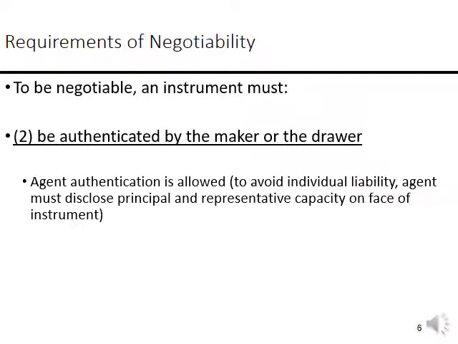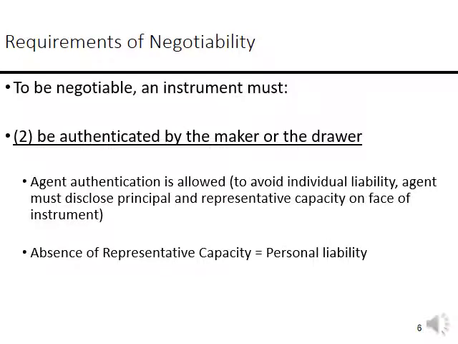If you have a signature by an agent that is allowed, in order for the agent to avoid individual liability, the agent has to disclose the principal and representative capacity on the face of the instrument. So it has to be clear that the party is an agent. We'll see in just a second an example of that when we look at the types of instruments.